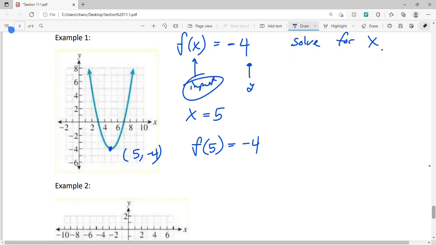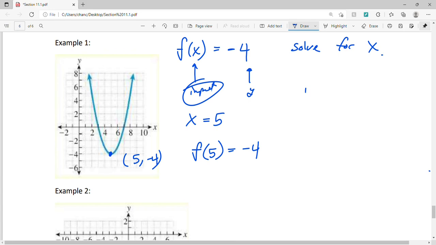Let's look at another example. Let's suppose f of x was equal to, let's say, 5. What x values would work? Well, in this case, if I go to 5, it looks like the graph crosses at 2 different locations, and this corresponds to 2 different x values.